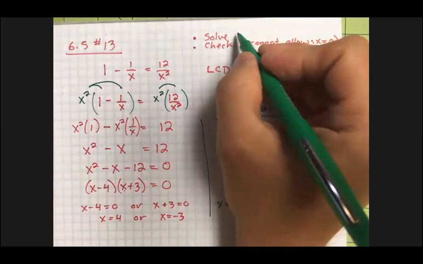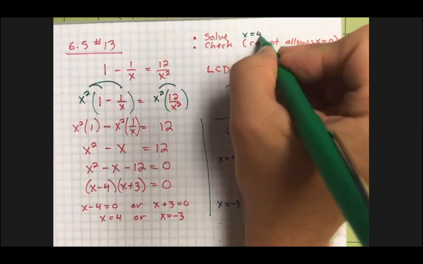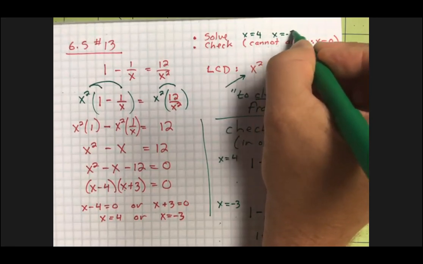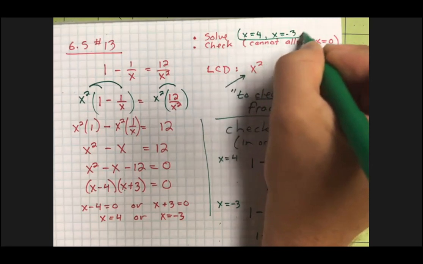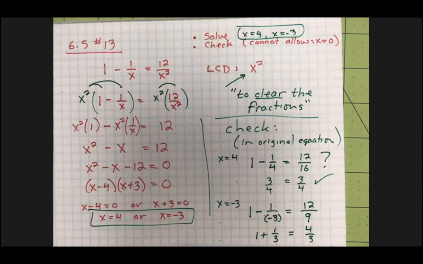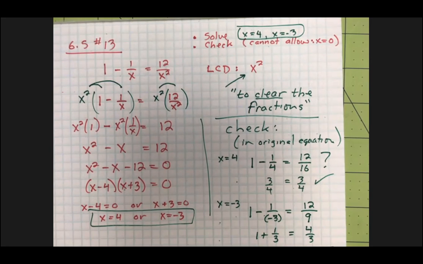So what are my solutions? X equals 4. X equals -3. Both of these numbers worked. Now, I'll tell you that I don't always plug in these numbers here, although if I had time, I should always do it just to make sure I'm okay.